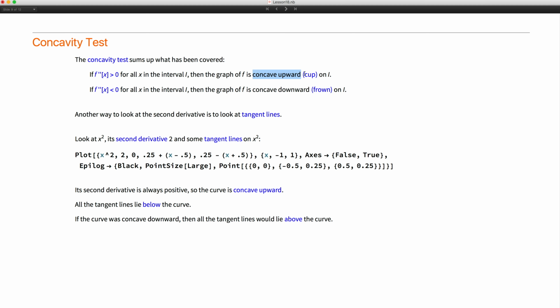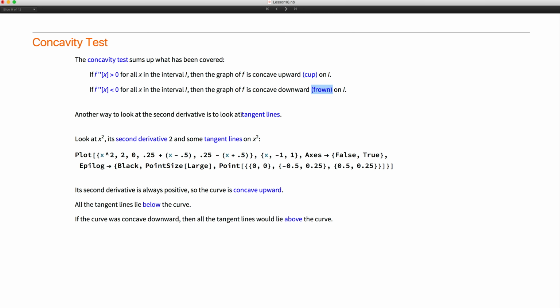The short form for that is cup. It's like a cup of water. And if the second derivative is negative, then the graph is concave downward. That's like a frown. It cannot hold any water in it. And so that's a nice test for concavity.